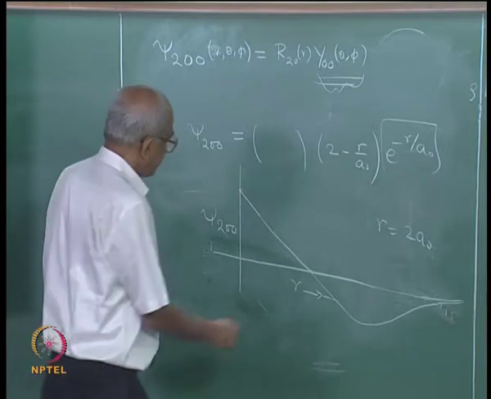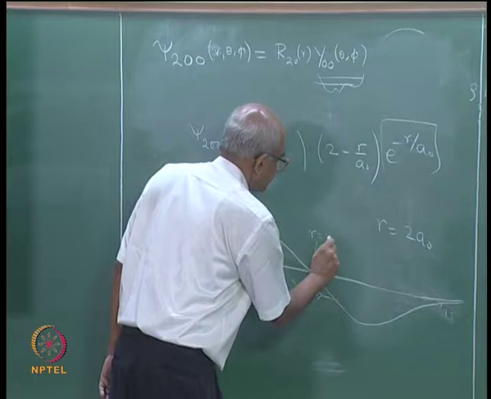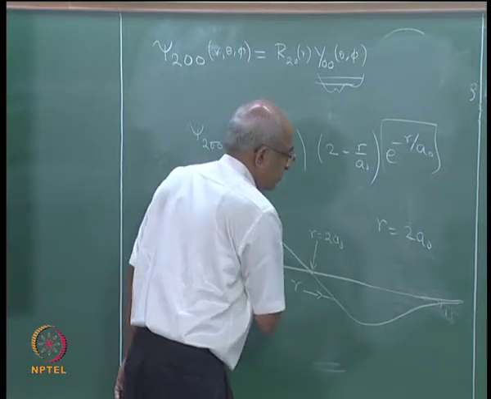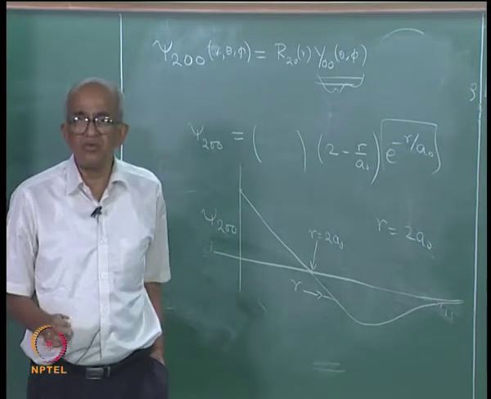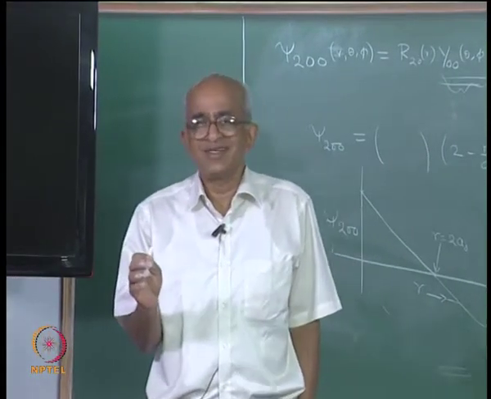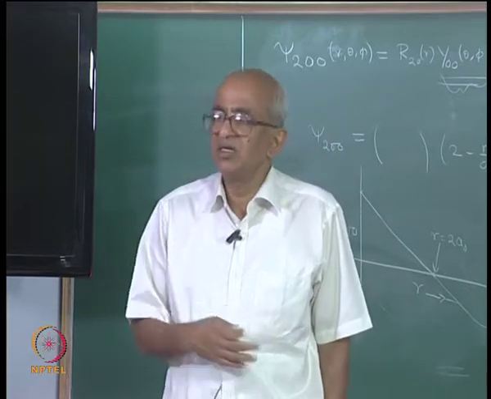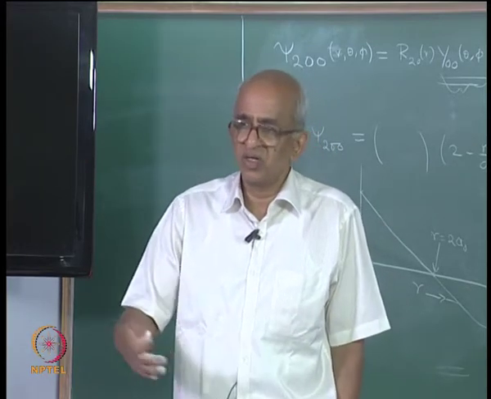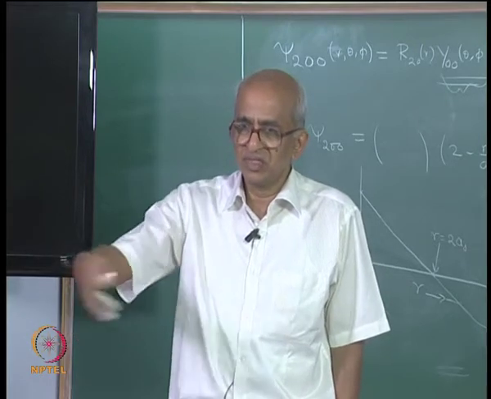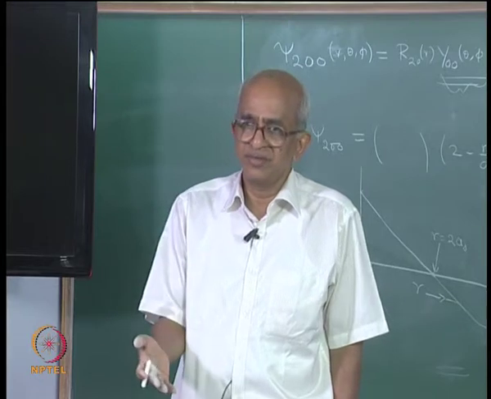So, what do you find? At a distance of r equal to 2a0, the wave function becomes identically equal to 0. So you say that there is a node for the wave function. Where is that node? A node is just a point where the wave function becomes 0. So r equal to 2a0 is the node.